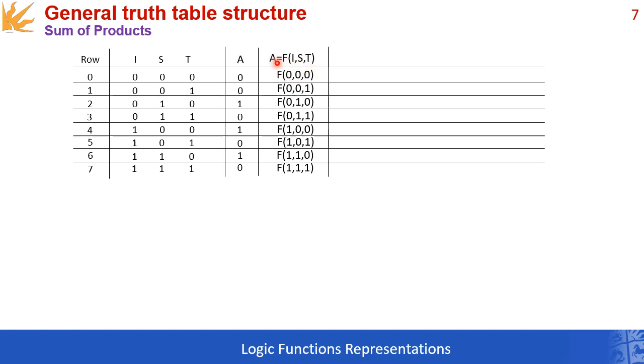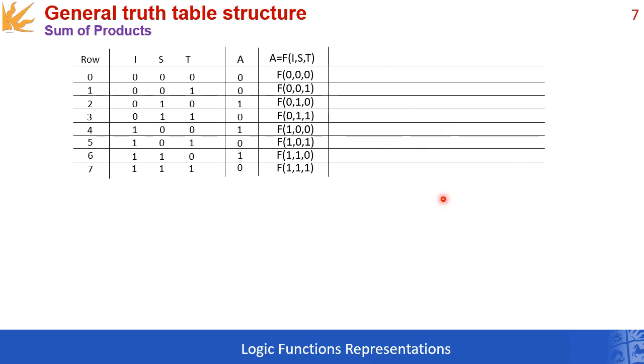And more specifically, the alarm is a function of I, S, and T input values. For each and every row, we express A as a function based on the inputs. So you start from f of 0, 0, 0, then you have f of 0, 0, 1, all the way to f of 1, 1, 1.